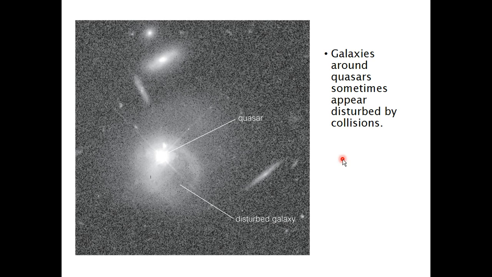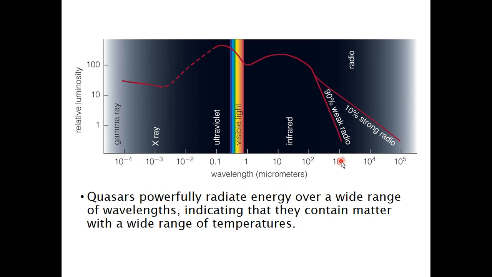And there's often other signs around these quasars, such as other galaxies that are being disturbed in some way by collisions, something. There are other signs that something's weird about this quasar. Quasars tend to produce lots of energy over wide ranges, which means there's lots of different temperatures amongst the material.